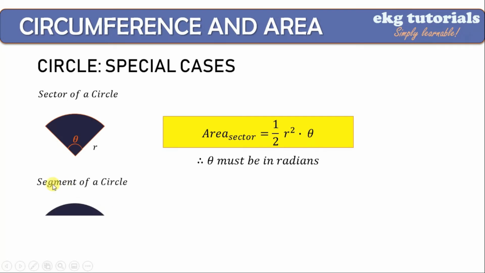Now, next is for the segment of a circle. The segment of a circle is actually just a part of this sector. Kung mapapansin nyo, ito lang yan, dito hanggang dyan. Meaning, it is just part of the sector of a circle. Tinanggal lang yung triangle na part.